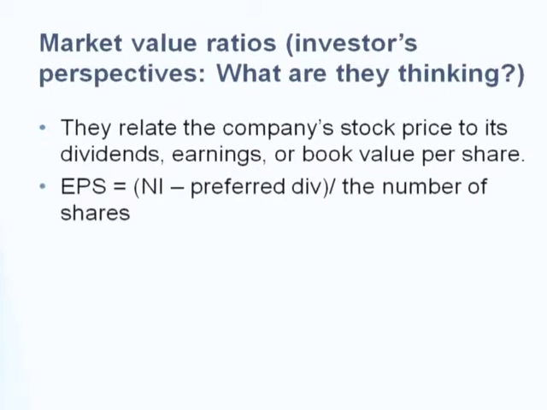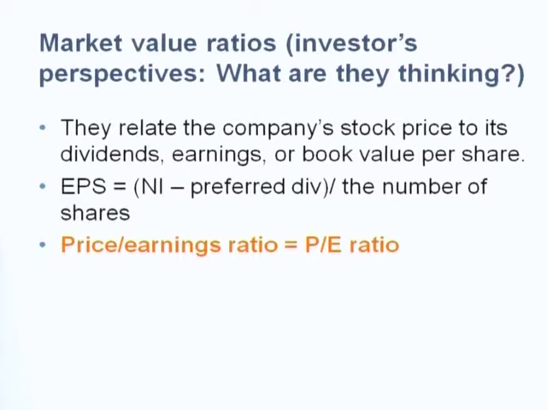And the last ratio is market value ratio. You try to use one number as the market price, and the other number like earnings per share, dividend per share, or book value per share as denominators, like the PE ratio. PE ratio is a market value ratio.